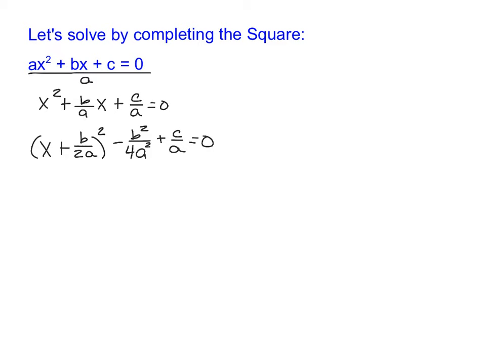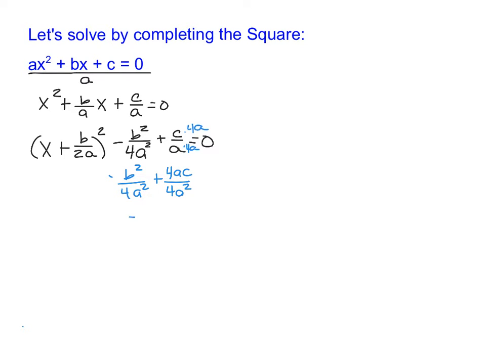So now I need a common denominator. Remember, I would never expect you to do this. I'm showing you where this formula comes from. So common denominator is 4a squared. So this becomes negative b squared over 4a squared plus 4ac over 4a squared.